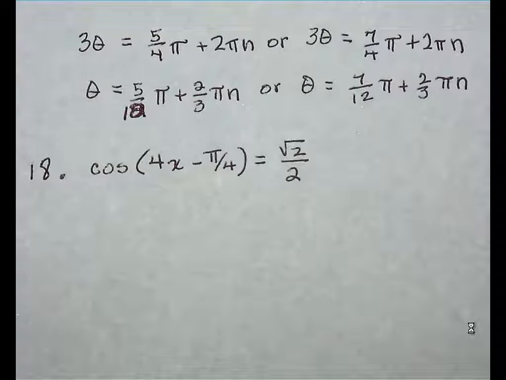How many times in one revolution of the unit circle is cosine positive square root of 2 over 2? Twice. In what 2 quadrants? We're talking about cosine, not sine. 1 and 4.